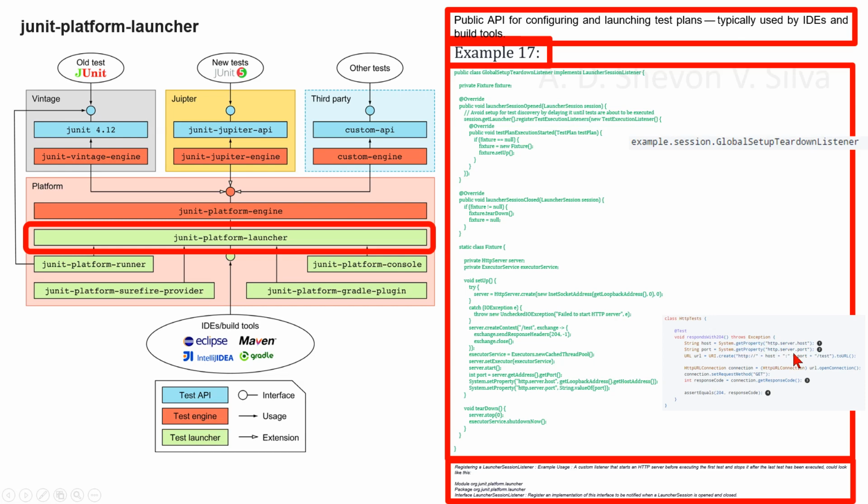Read the port of the server from the system property set by the listener, and here, send a request to the server. Here, check the status code of the response.